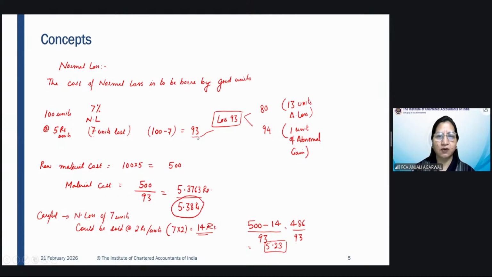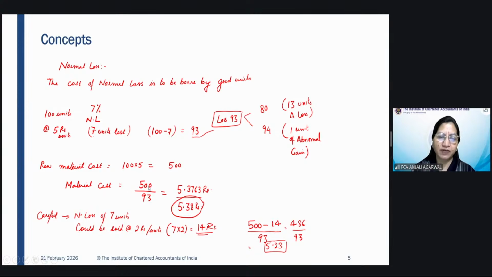So this is how normal loss works, let's say 7%. You should be expected to have 93 units. If it is 80, 13 is abnormal loss. If it is 94, 1 unit is abnormal gain. The whole idea is that the total cost must be borne by the good units only. But if normal loss can fetch something as scrap, so these 7 units, if they can be sold at 2 rupees, we will not charge the entire 500 to the good units.